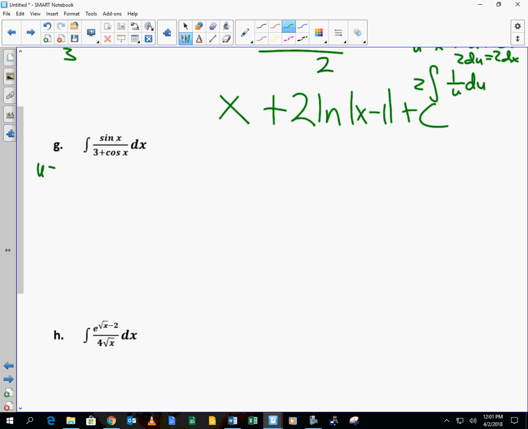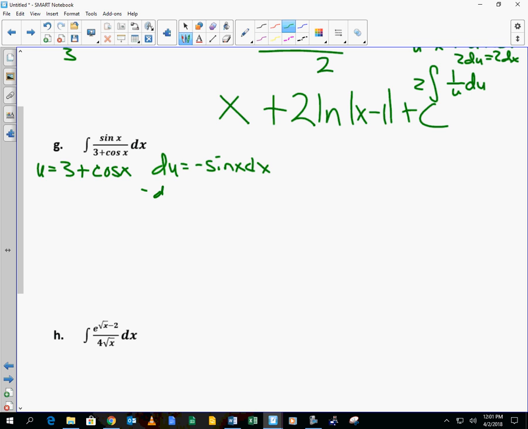Anybody want to guess what u is in this situation? 3 plus cosine of x. Because what is du? Right. So you can see that you come up with the sign, right? If you said u is sine, you wouldn't come up with a 3.